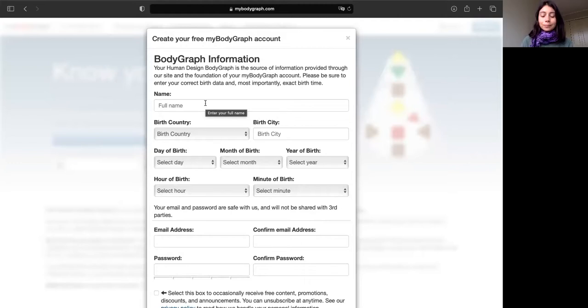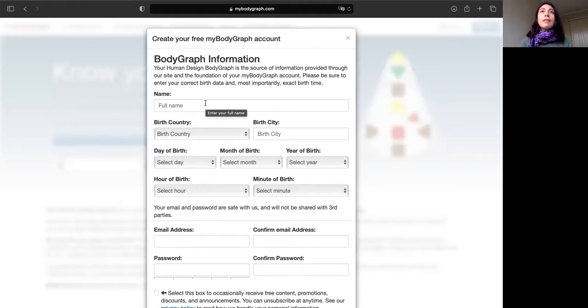So sometimes, even if your time is minutes away, it will change some aspects of your chart. However, don't get discouraged, because if you just have an estimation of your time, you can still compute your body graph and get a big idea of what your chart is going to say.